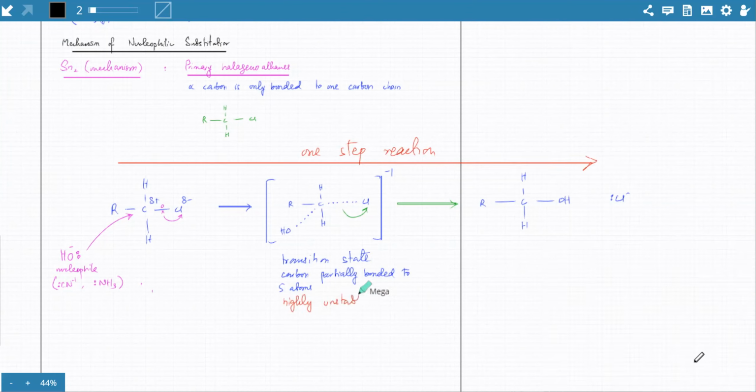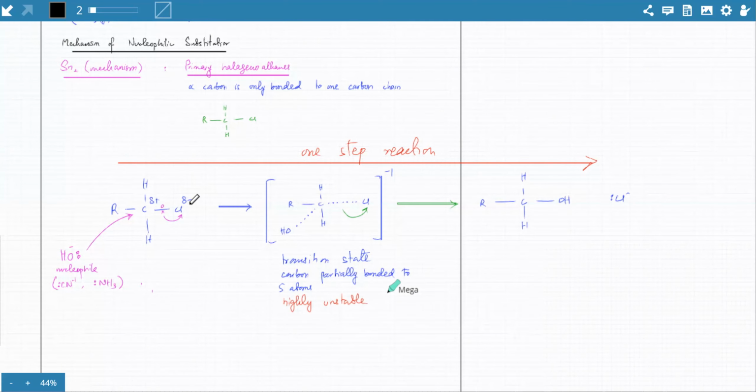Can I ask why the nucleophile attacks in that direction? Can it attack in other directions as well? No. That's also very important: it's always going to attack from this side because there's negative charge over here. So it never attacks from the direction of the chlorine.